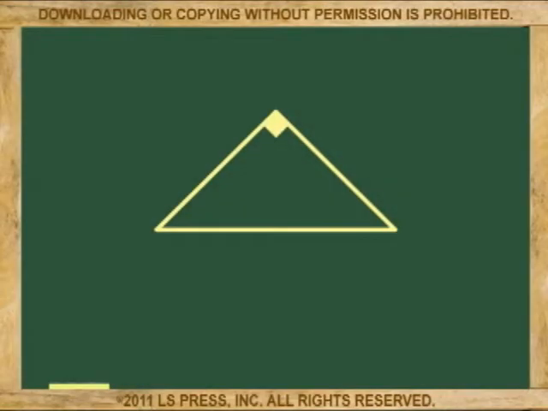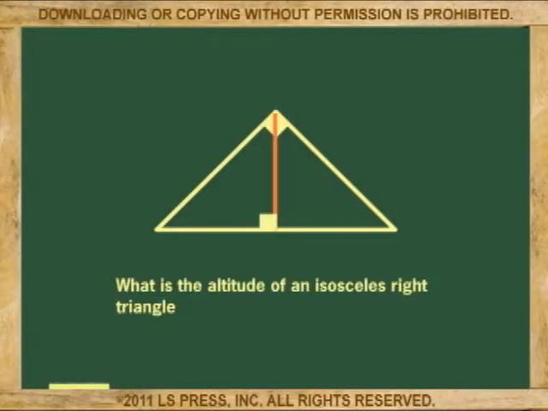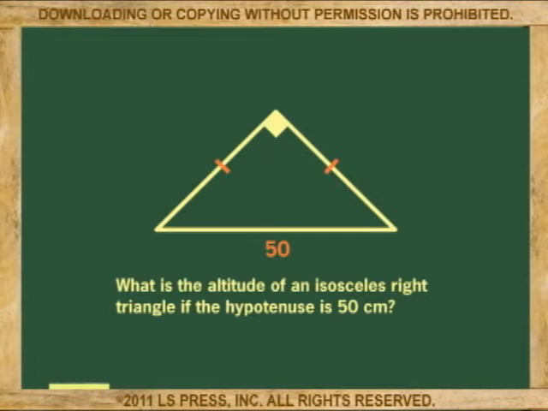Okay, another example. What is the altitude of an isosceles right triangle if the hypotenuse of the triangle is 50 centimeters long? An isosceles triangle is defined as one that has two equal sides.